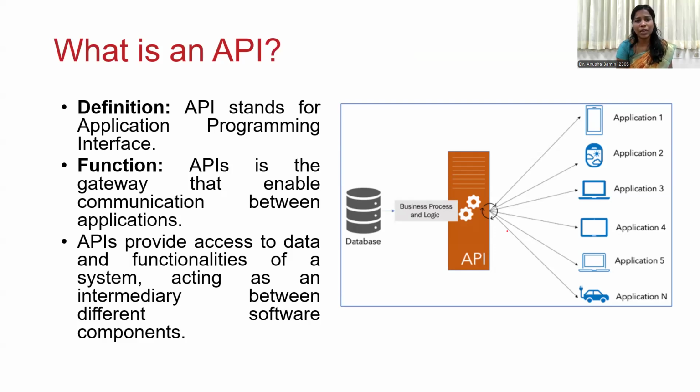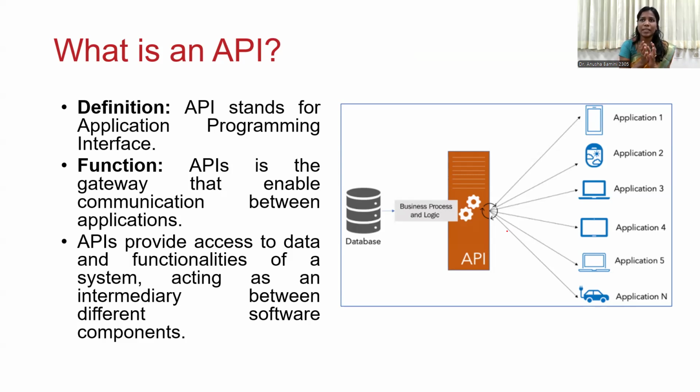The function of API is that it acts as a gateway and enables communication between the application and the server or the database. It provides access to data and functionality. So this API can access the data on one side. That is one concept of API. It can access the data as well as the functionality of a particular model.